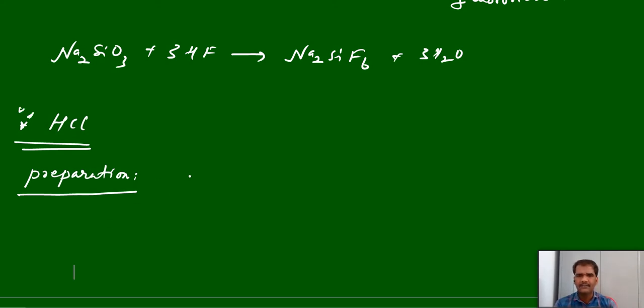We can prepare HCl directly by a combination of hydrogen and chlorine. It can give HCl. Sodium chloride, when you treat with sulfuric acid, the sulfuric acid can displace hydrogen chloride from NaCl.